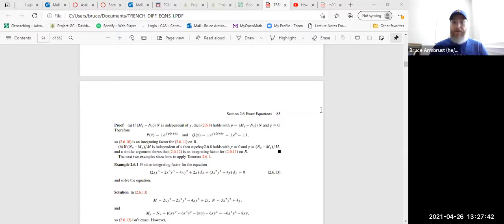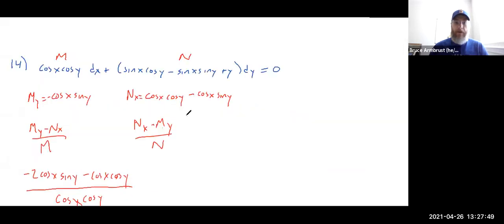So let's reverse it and take a look at those. Okay, so we'll hop back to the whiteboard and do this one again. Now we'll do nx minus my. So cosine x cosine y, and when I subtract the my, those pieces go away. Then that's all divided by sine x cosine y minus sine x sine y plus y.